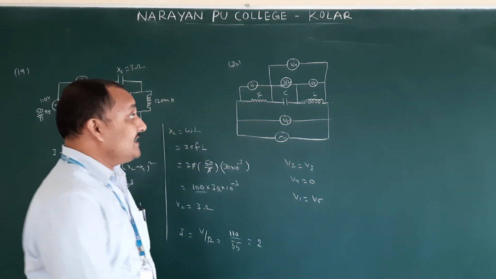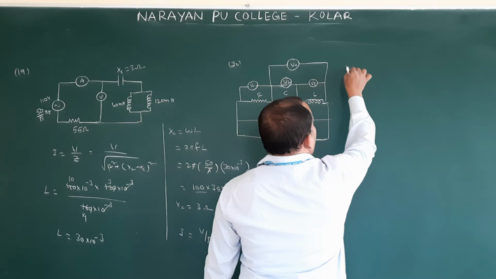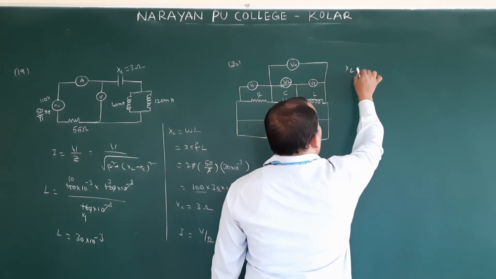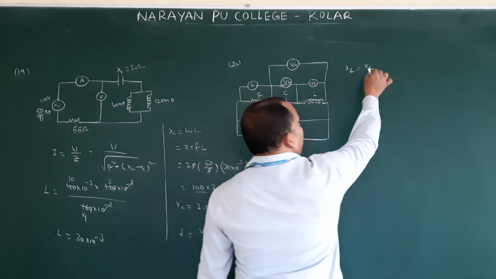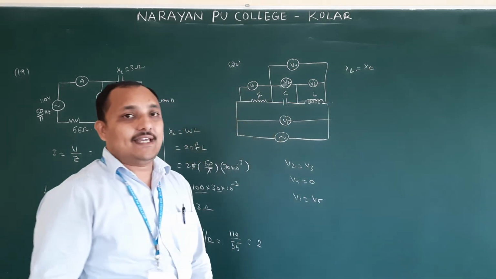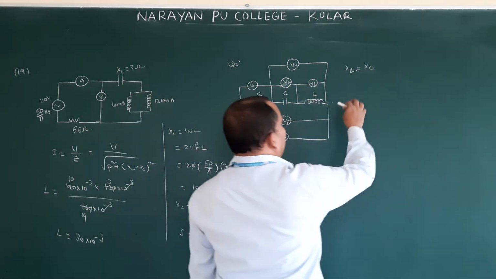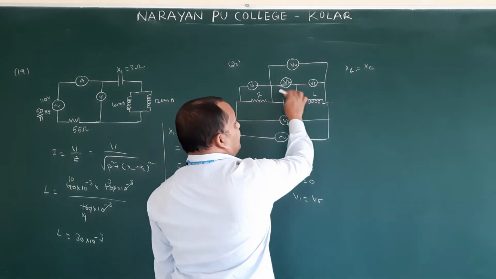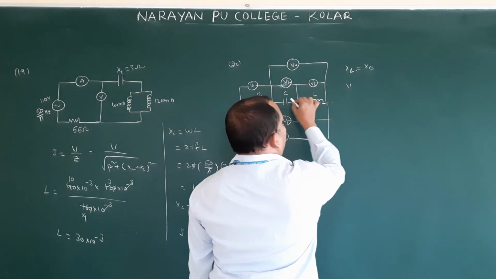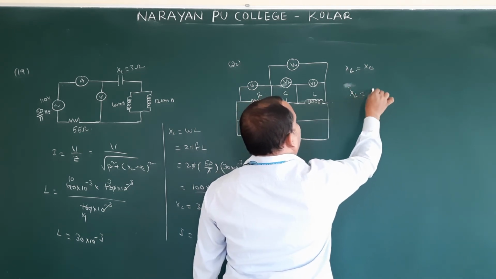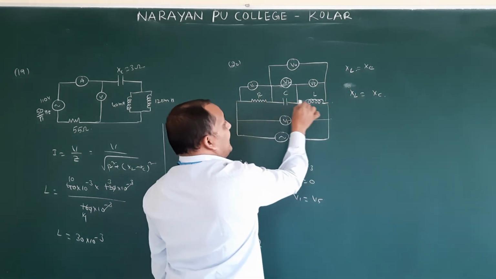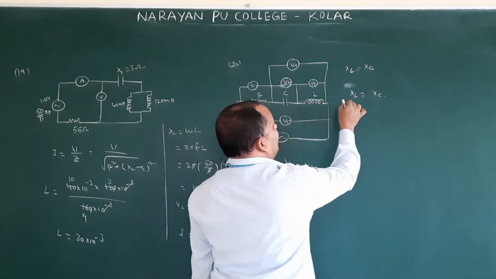We will see. What is the condition for resonance? XL is equal to XC. Multiply by the current, because the same current is passing as all are in series.